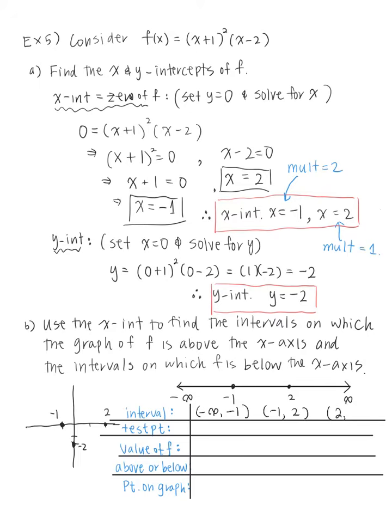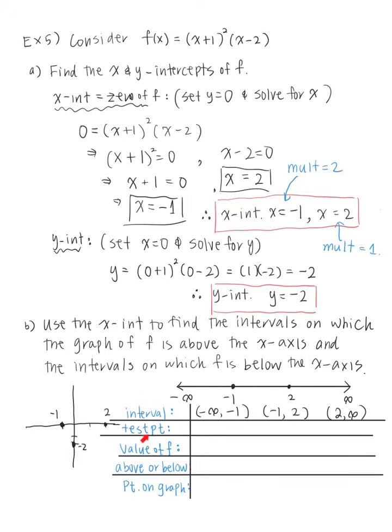And the last one is 2 to positive infinity. Negative infinity to negative 1 will tell us what's going to happen to our graph on this interval. For negative 1 to 2, we're going to determine whether the graph goes above or below the x-axis in this interval. And same thing from 2 to infinity.